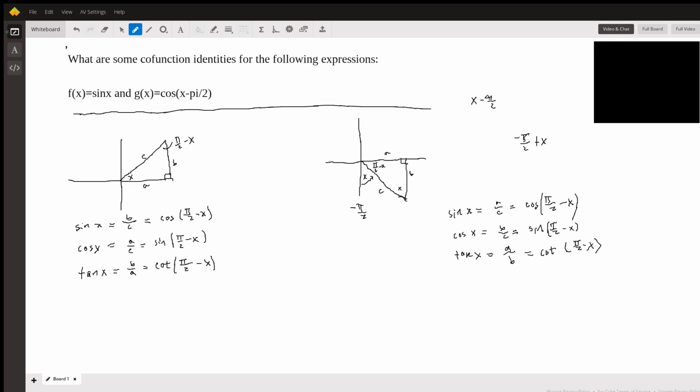Rightly or wrongly, I tend to see a lot of this on the SAT. I don't remember seeing it a lot on the ACT, but you'll see it in school. Some schools spend a lot of time on this, and some schools don't. So it's a good question. And you can move around to any quadrant you want, and you can find all sorts of relationships between complementary angles.